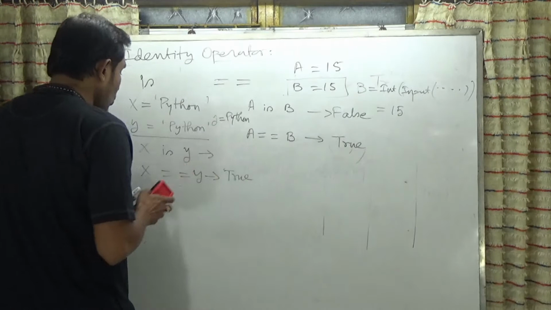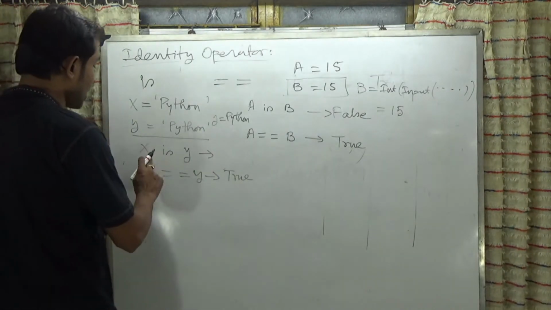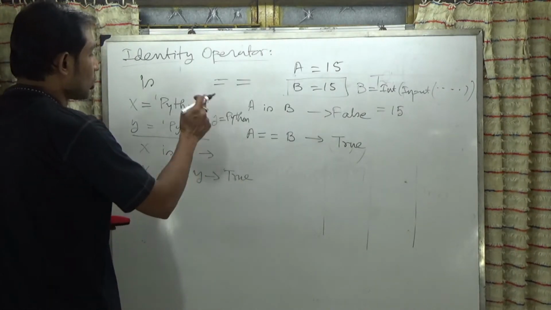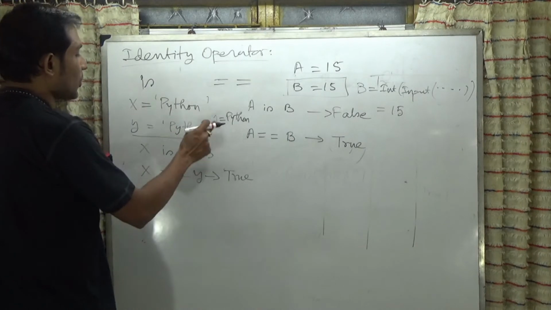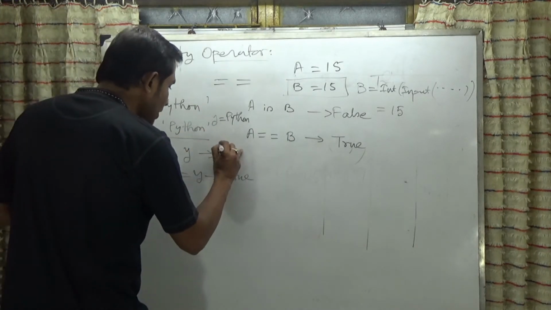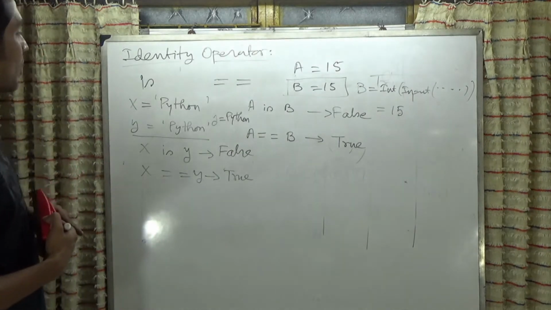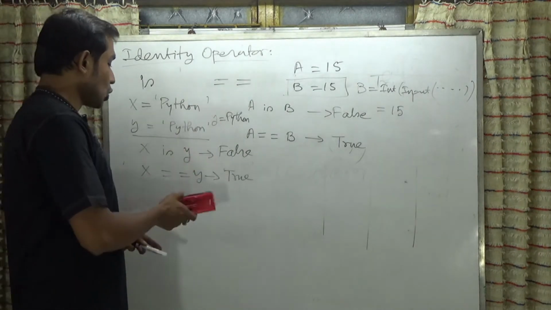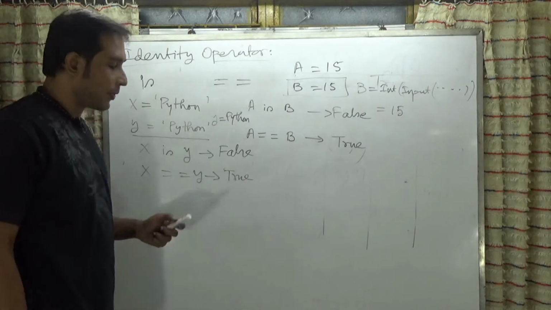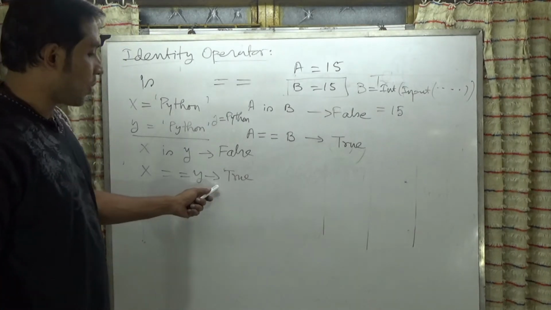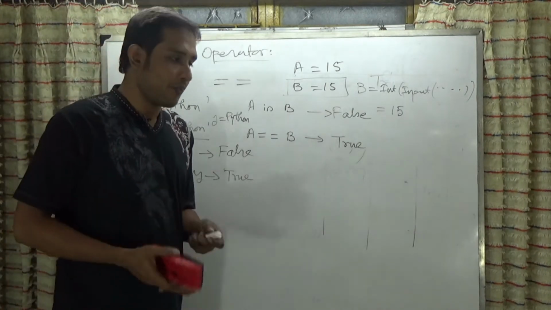So if I write x is y, the memory addresses of x and y are not the same, so it returns false. But as the values of x and y are the same, the relational equal to operator, x equals y, returns true.